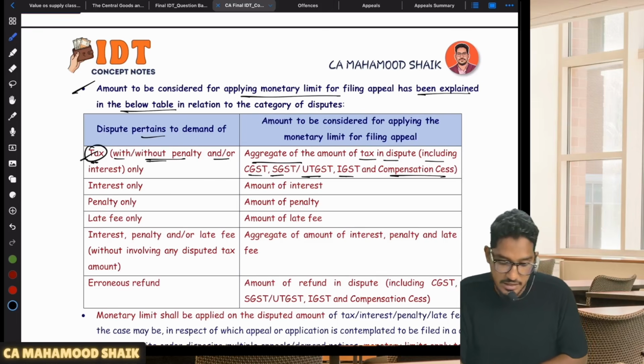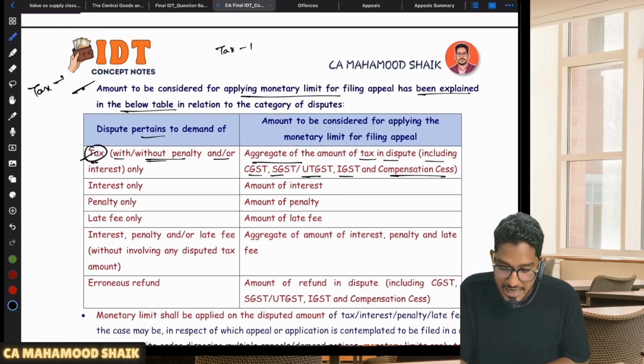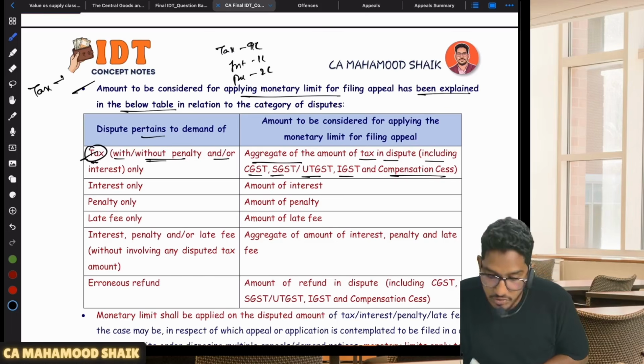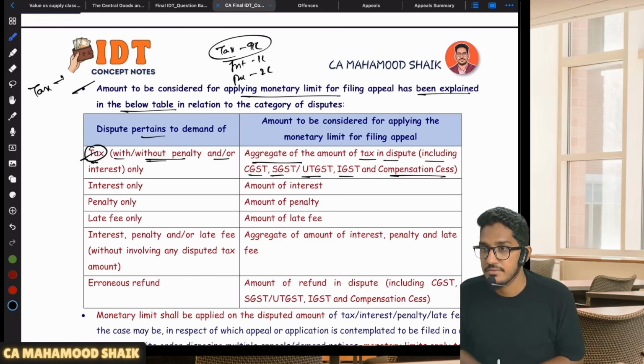Tax only you have to consider. Let us say, for example, the demand order contains only tax, then you consider only tax. But in the demand order, tax 9 lakh rupees is there, interest 1 lakh rupees is there, penalty 2 lakh rupees is there. Which figure has to be considered, sir, for calculating the amount? Only consider the tax amount for calculation.